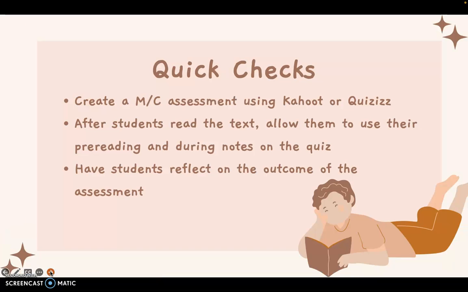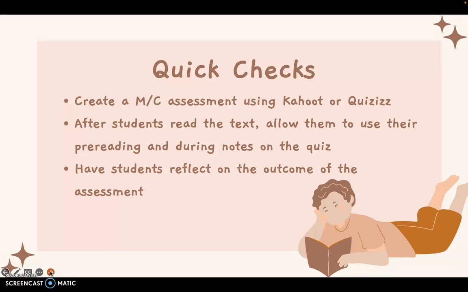And then another strategy would be quick check. This is more of a quiz type format, but you would create a multiple choice assessment using Kahoot or Quizzes, which both have free versions for teachers to use. This also helps to gamify your quick check a little bit more than just giving them a half sheet of paper with 5 questions on it.